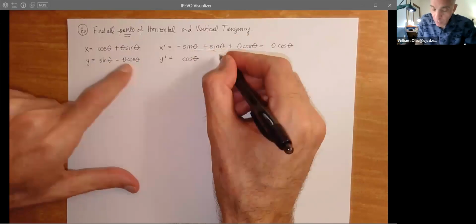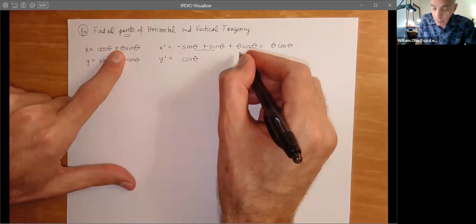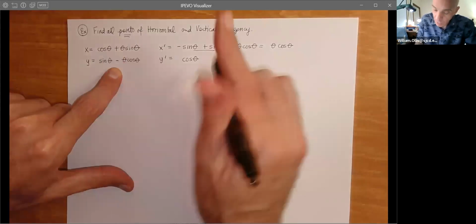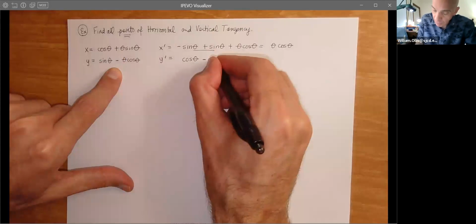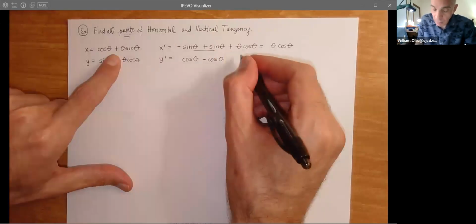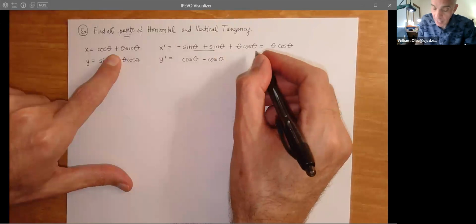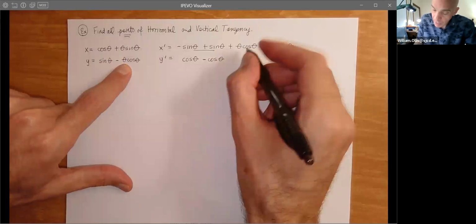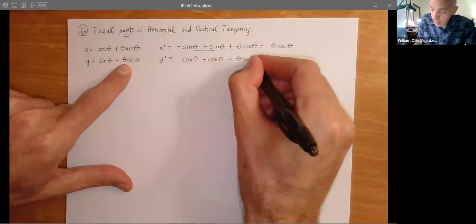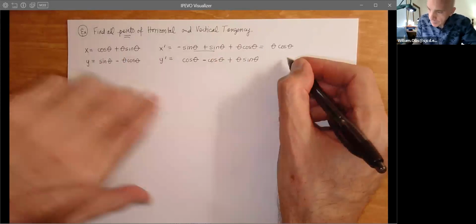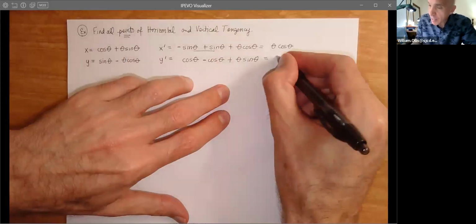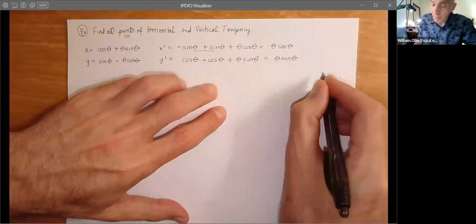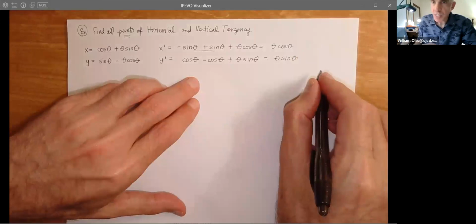And then the derivative here is just cosine theta with a negative, so that will absorb. How convenient. And then the derivative of cosine is the negative sine, and that negative will be plus theta sine theta. So this gives us theta sine theta.